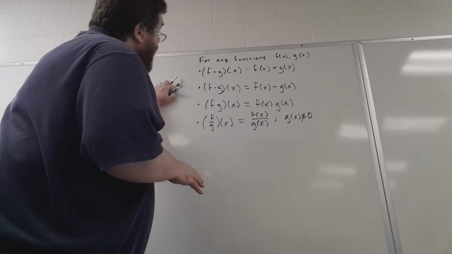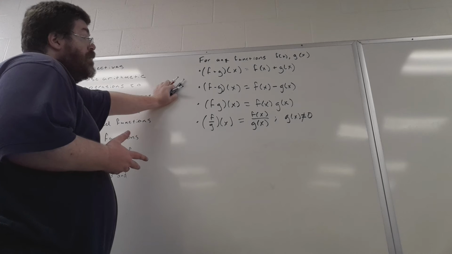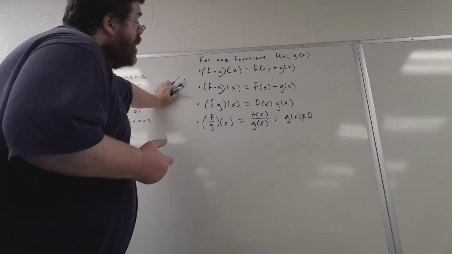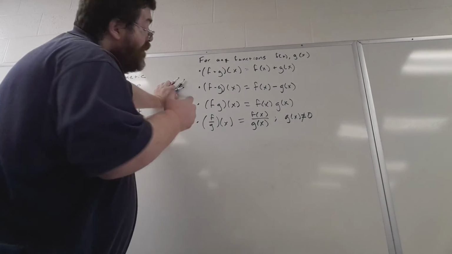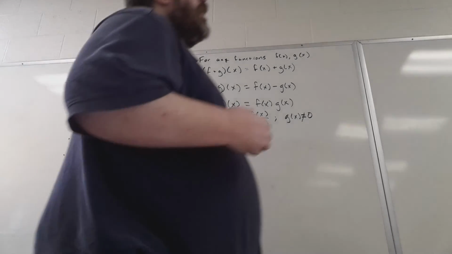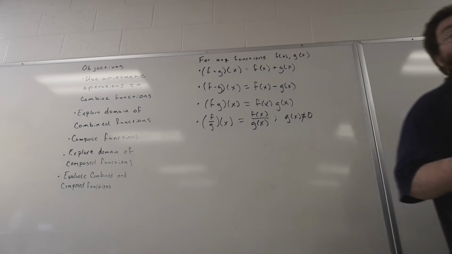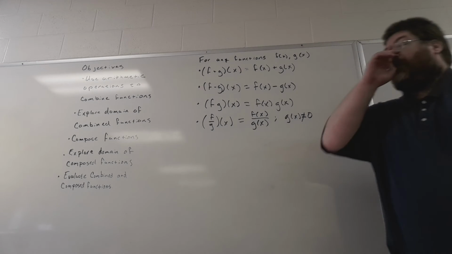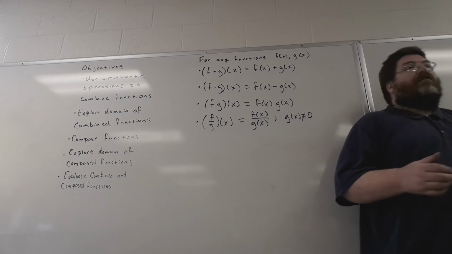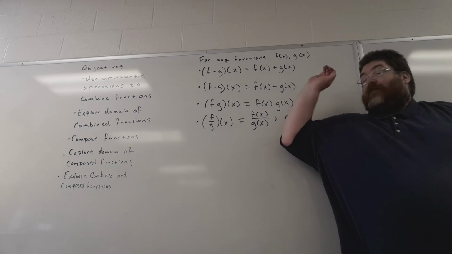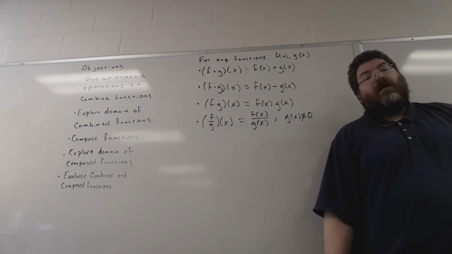What does the domain of f plus g of x look like? Well, every value, or every real number for x that makes both sides of the equation make sense as mathematical entities is going to be included in our domain. And it has to be both sides. If it doesn't make sense for either side, we can't use it in our domain.